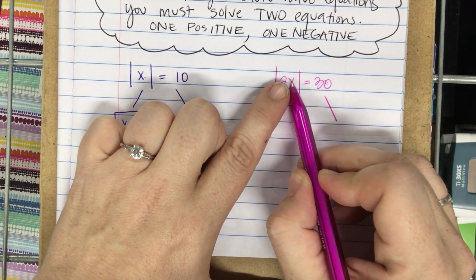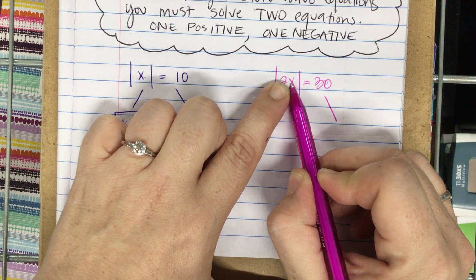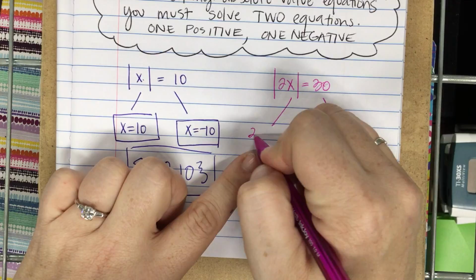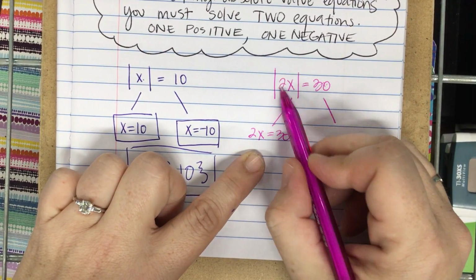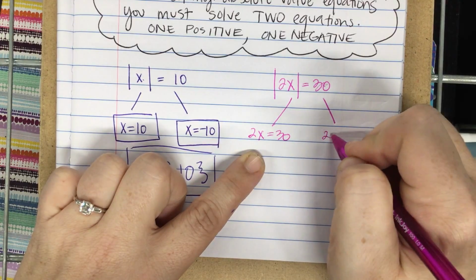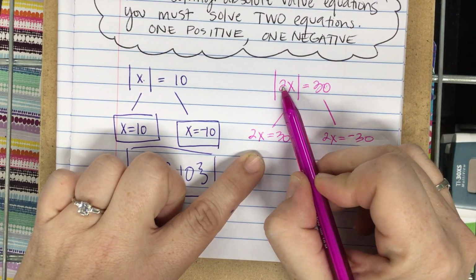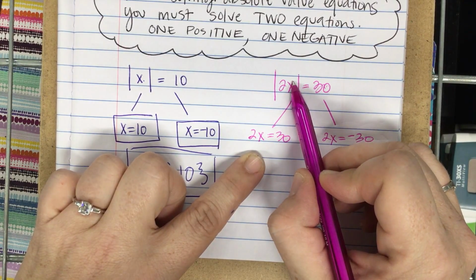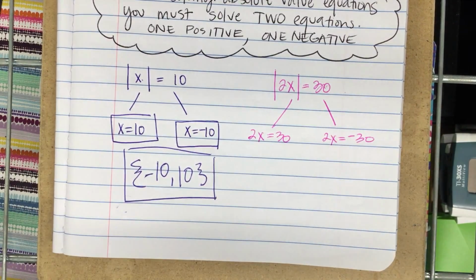Or 2x could equal negative 30 to give me the absolute value of 30. So I have 2 possible answers. 2x could equal 30, or 2x could equal negative 30, because the absolute value of 30 equals 30, or the absolute value of negative 30 equals 30. I have to do it twice.